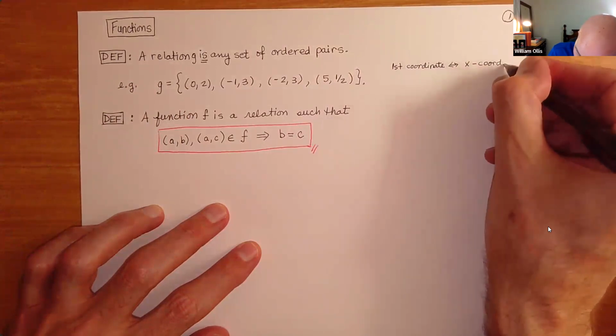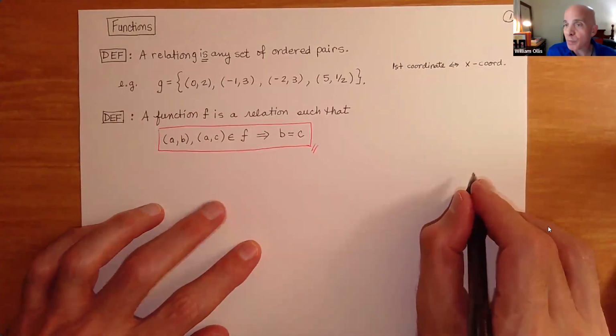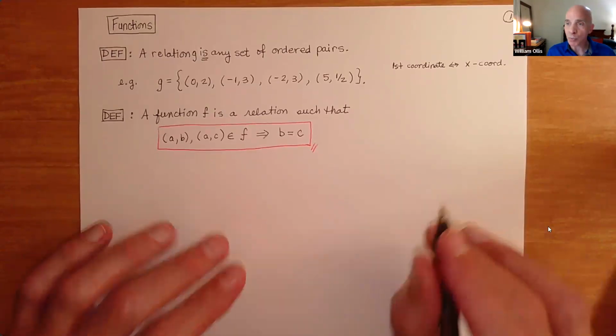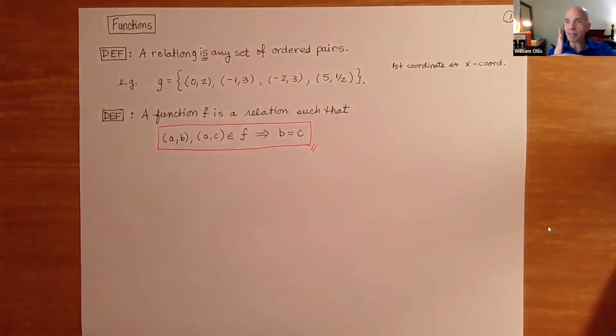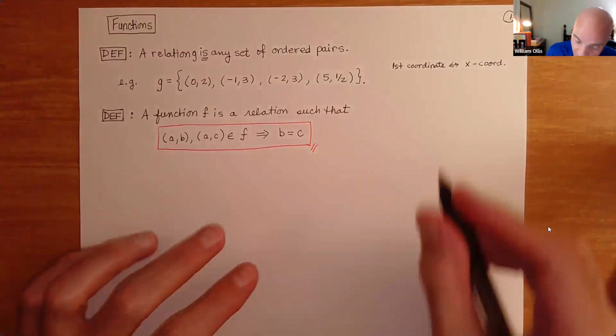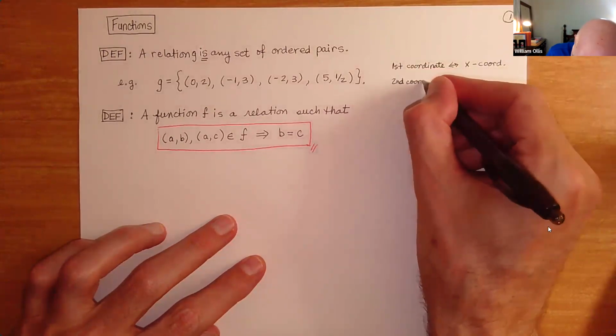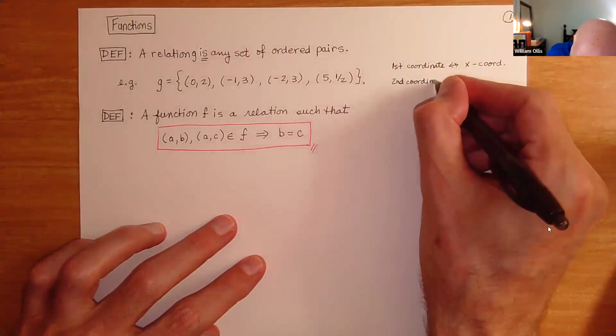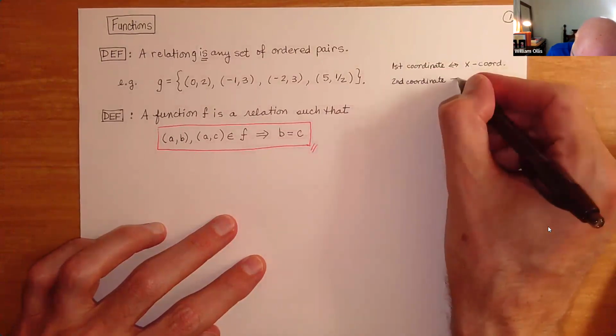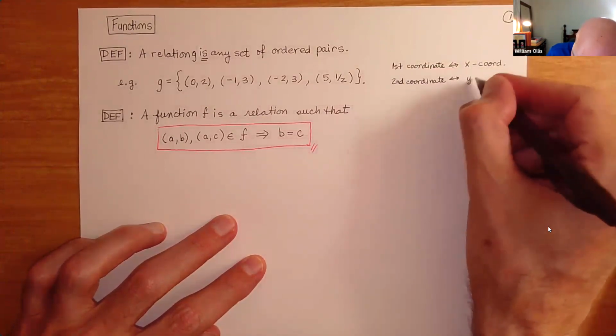And I'll abbreviate that. That's a usual terminology that we use because we think about the x and the y axis that are perpendicular, the Cartesian coordinate plane. And then the second coordinate we usually refer to as the y coordinate.